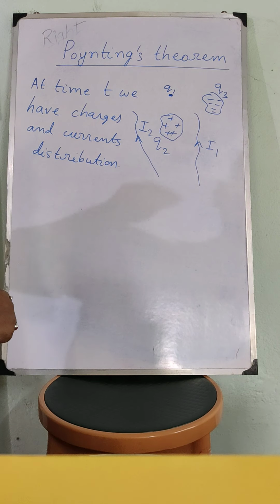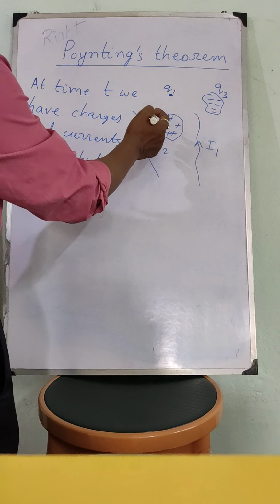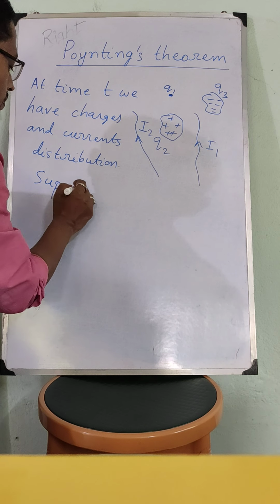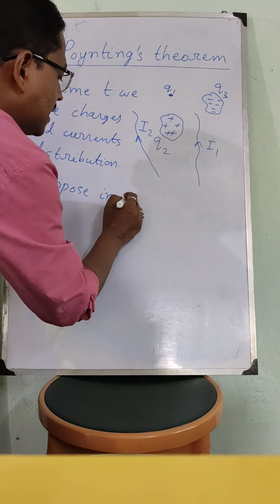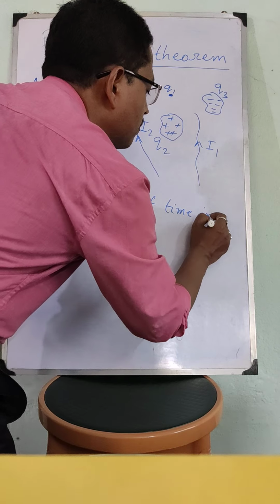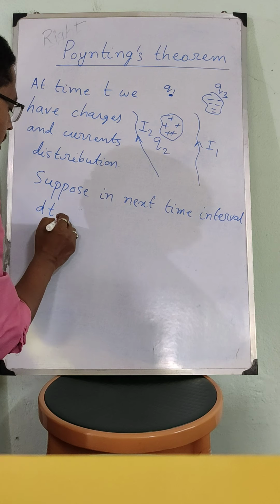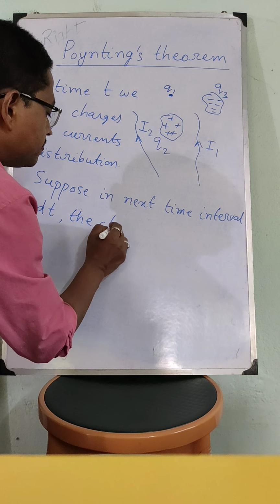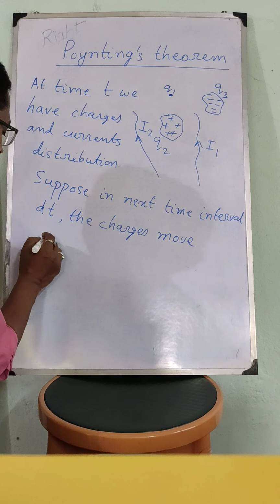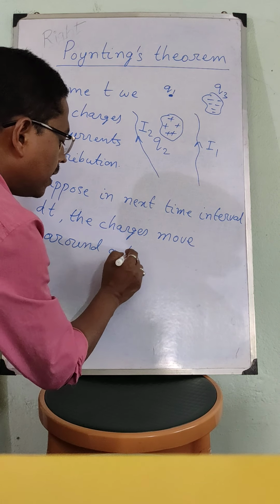Okay, now suppose in the next time interval dt, a differential time, the charges move around a bit, a little bit.